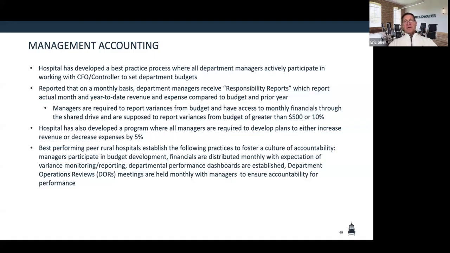Once the budgets are set, I want to have a monthly budget-to-actual report sent to all department managers with variance analysis required.